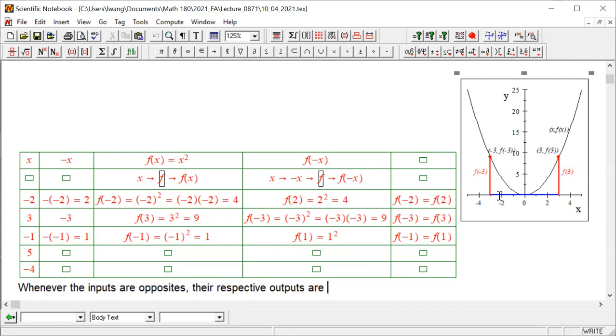The inputs are opposite numbers, -2, 2, -3, 3, -1, 1. What happened to their outputs? Their outputs are the same. That's right, they are the same. Isn't that true for every input in the domain for this particular function?